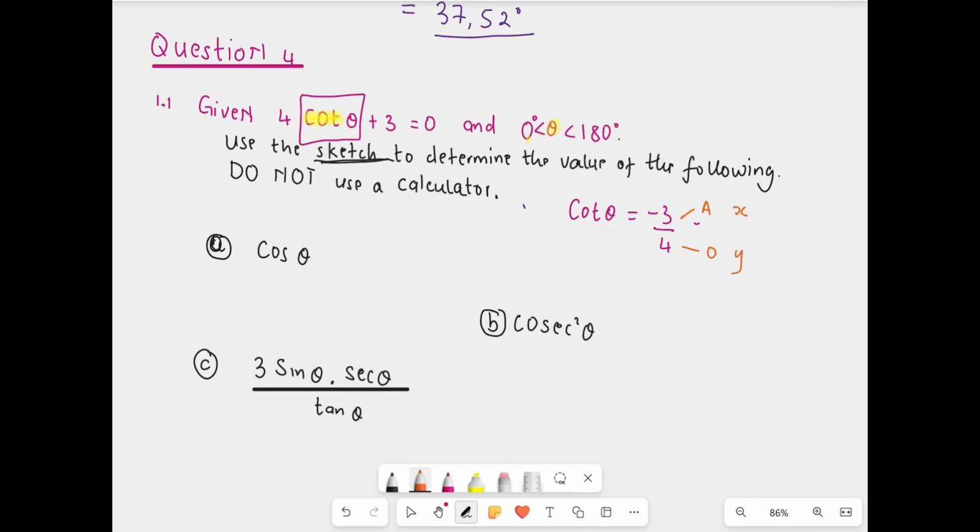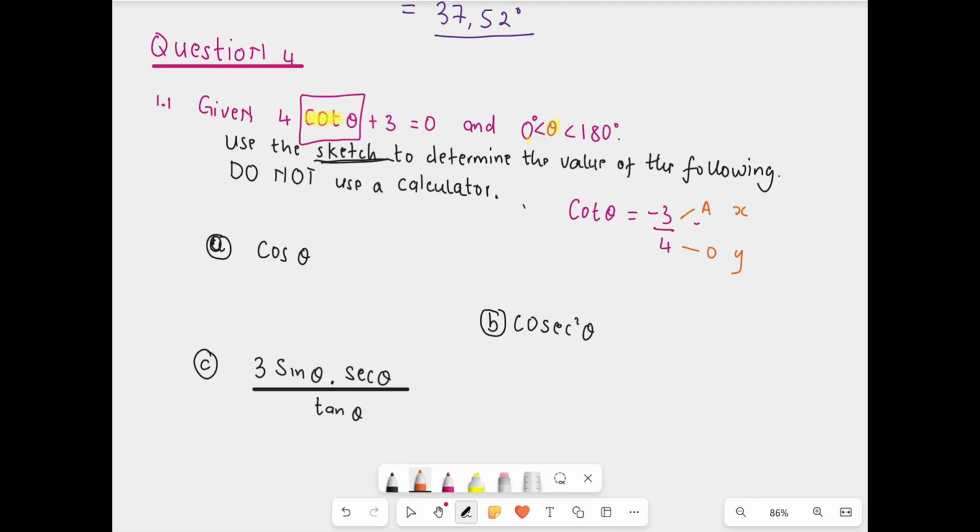Remember your definitions, you need to know them using a right angled triangle. You also need to know them using a Cartesian plane, where you define your ratios in terms of x, y, and r. In a right angled triangle, you define your ratios in terms of hypotenuse, adjacent, and opposite.